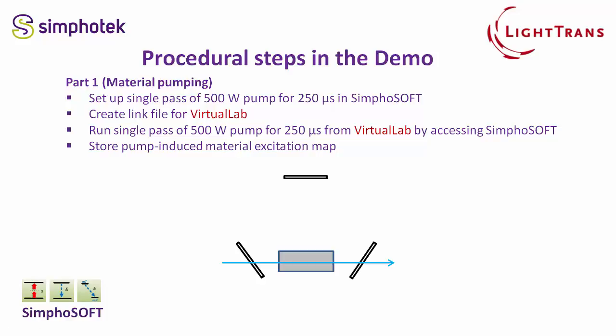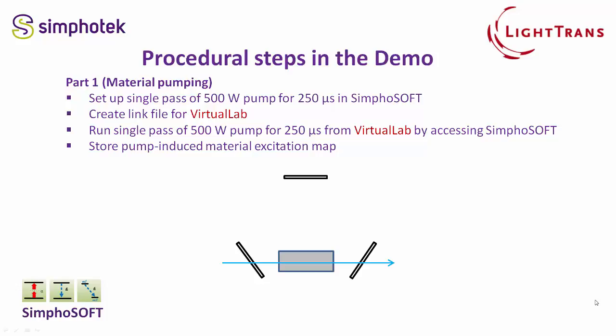We're going to run the single pass of 500 watts for 250 microseconds from VirtualLab by accessing SimphoSOFT. And then we're going to store the material excitation map. We're going to store the final energy level populations after the pump beam has gone through, and use those as a starting point for the amplification part.